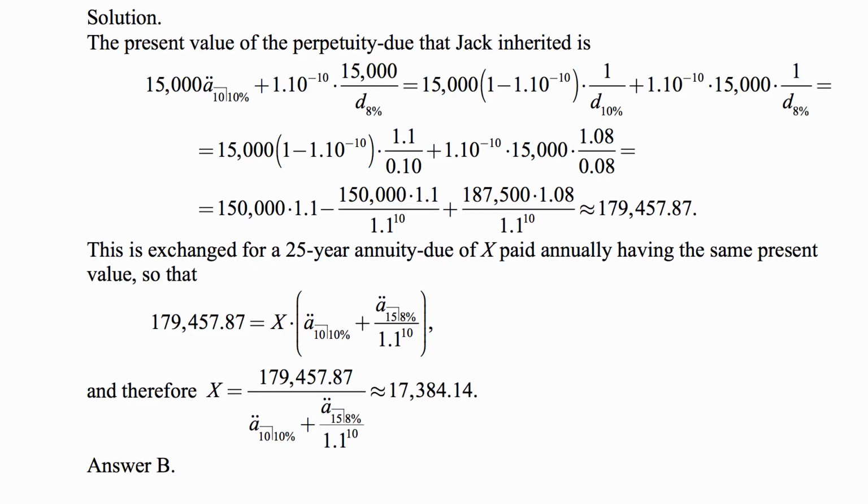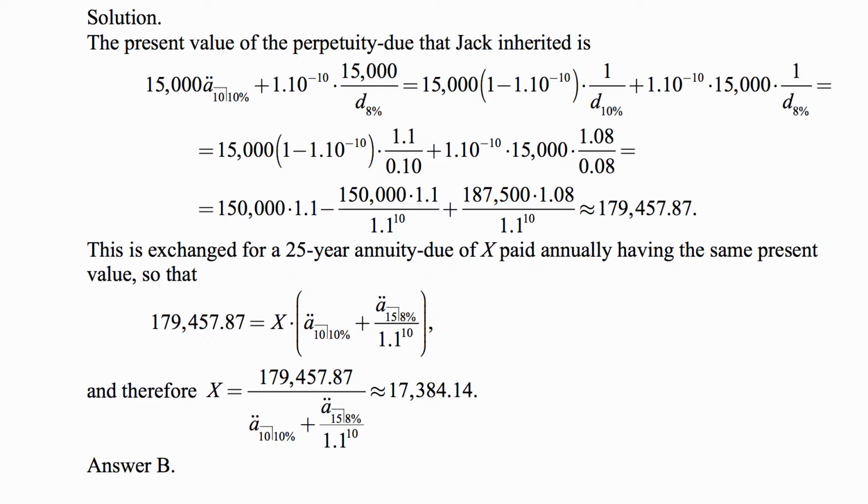The present value at that time, 10 years from now, of that perpetuity would be 15,000 divided by the discount rate corresponding to 8%, which would be 0.08 divided by 1.08, by the way. But it starts 10 years from now, so its present value today is the value 10 years from now times 1.10 to the negative 10. So this expression that you see in the first formula on the left-hand side, that is the value of the perpetuity due.